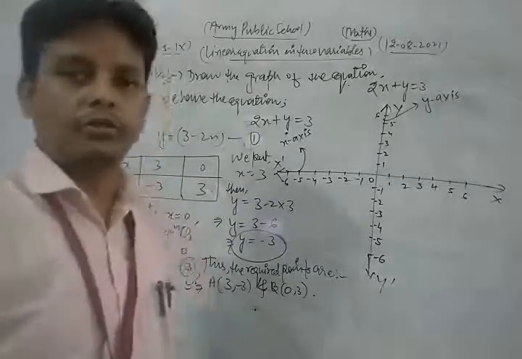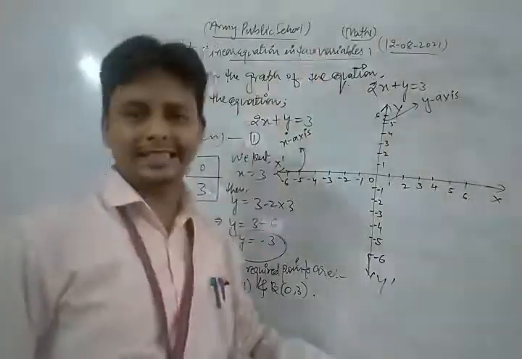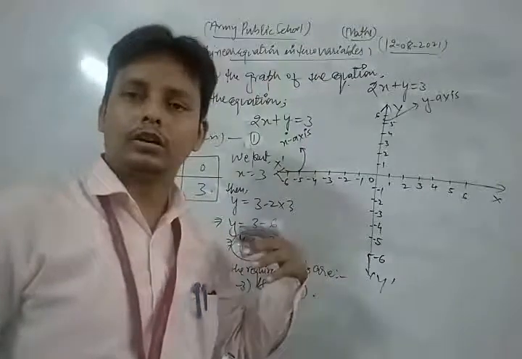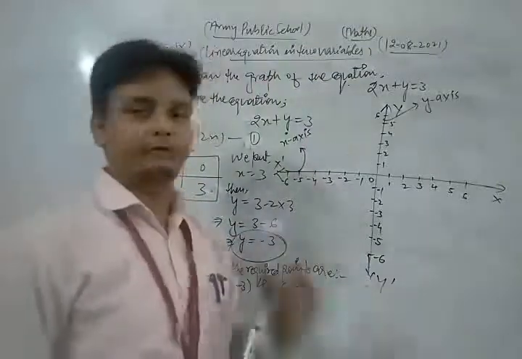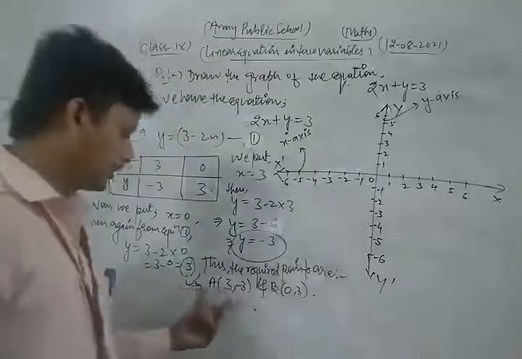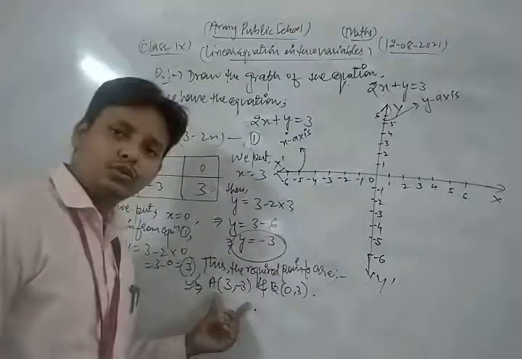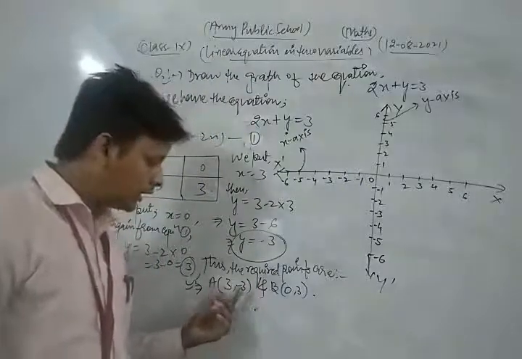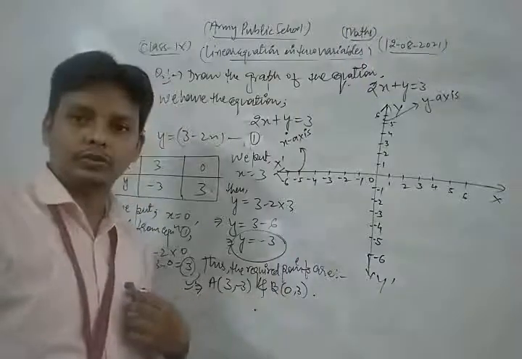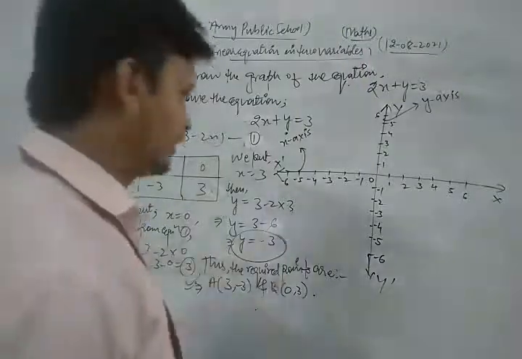So in this way, dear students, first of all we set up the Cartesian coordinate system on the graph paper. Now we plot these 2 points on this graph paper.